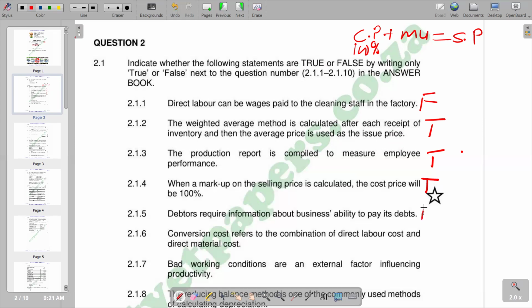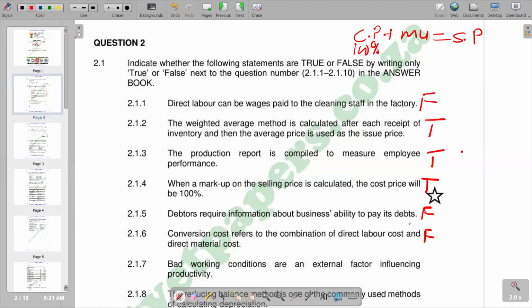So we have false. Moving on to the next one, conversion costs refers to the combination of direct labor costs and direct material costs. So this is also false. Conversion costs is an expression used when referring to the cost of converting or transforming the raw materials into the finished product.